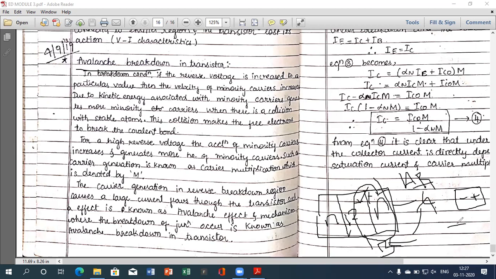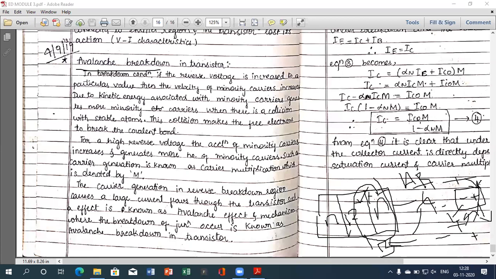When there are more minority charge carriers across this, and there is kinetic energy associated with them, meaning velocity, they will collide with each other. This stable atom will collide with these two minority charge carriers and produce a few more minority charge carriers, meaning another minus and another plus will be generated under reverse bias condition.